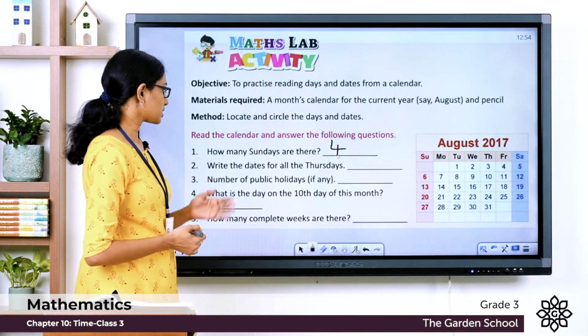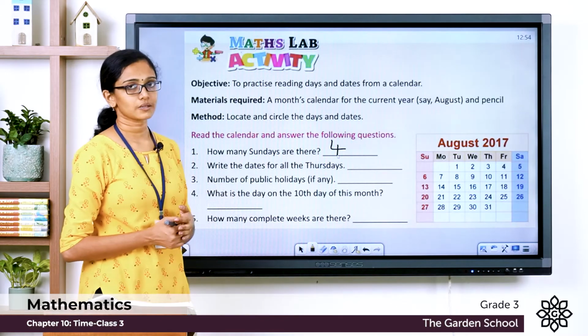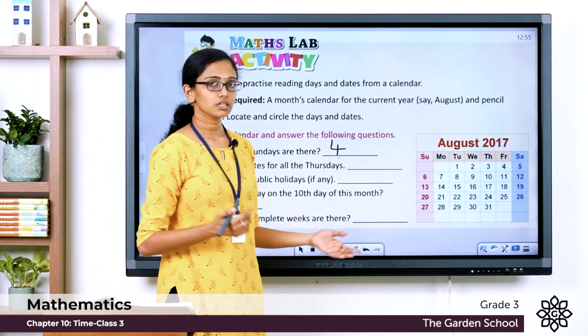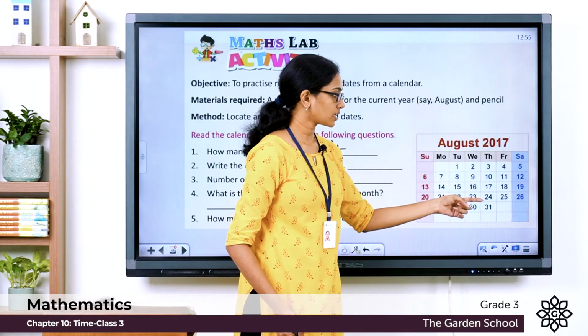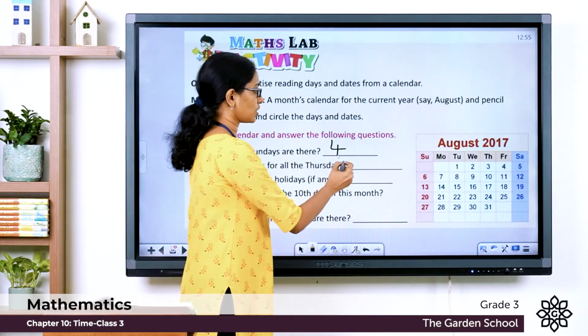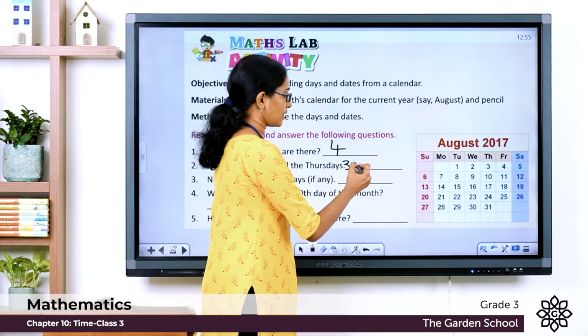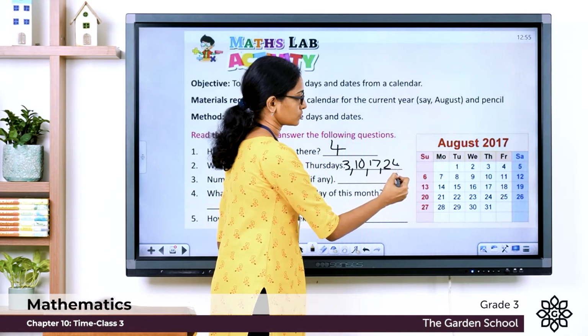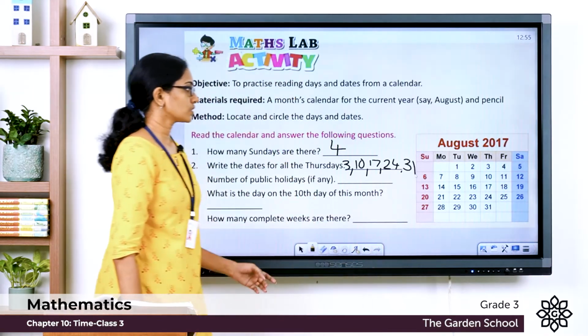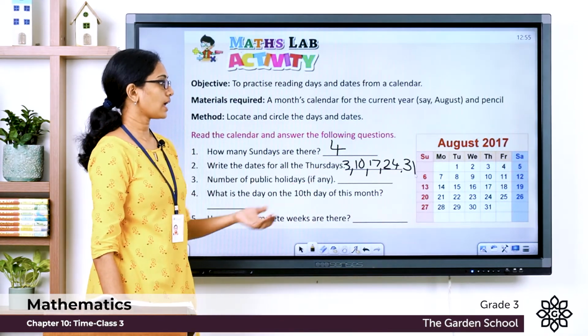And the second question, write the dates for all the Thursdays. In this calendar, the dates for Thursdays are 3, 10, 17, 24 and 31. So I'm going to write it here. You have to check the calendar you have with you.